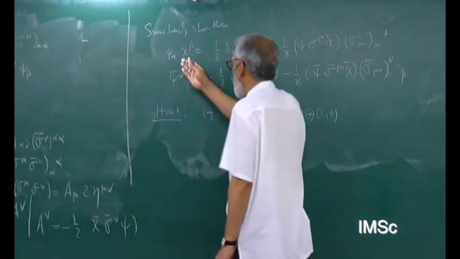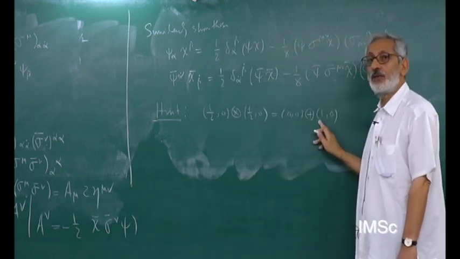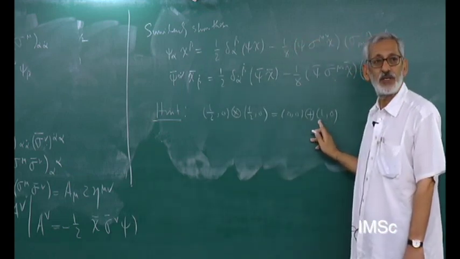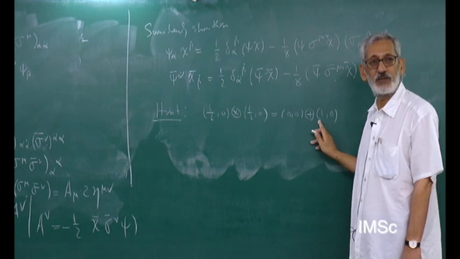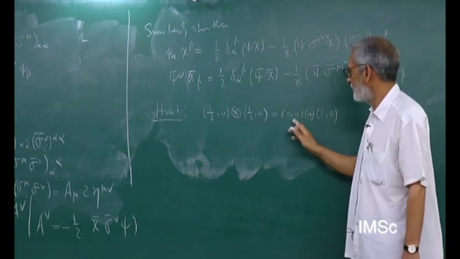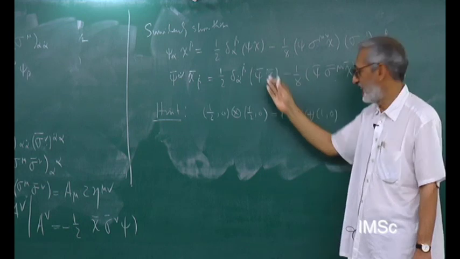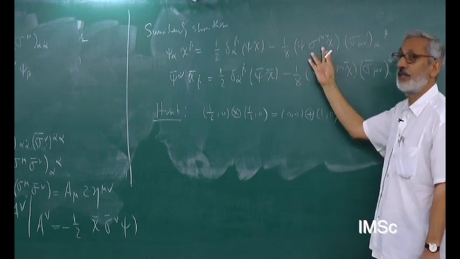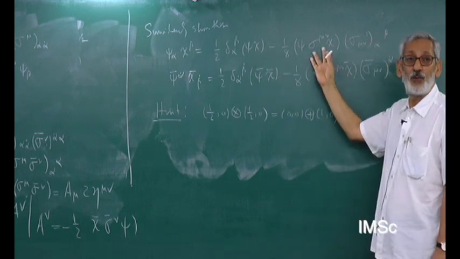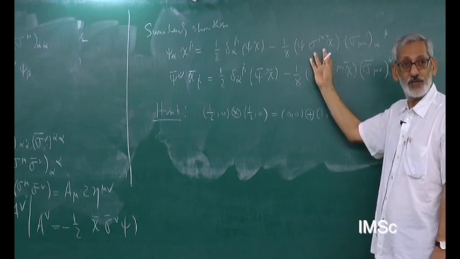So this would be made up of a singlet and 1 0. 1 0 is the self-dual representation, spin 1 self-dual representation of Lorentz group. Half 0 is spin 0. This object is self-dual because sigma mu nu's are self-dual.